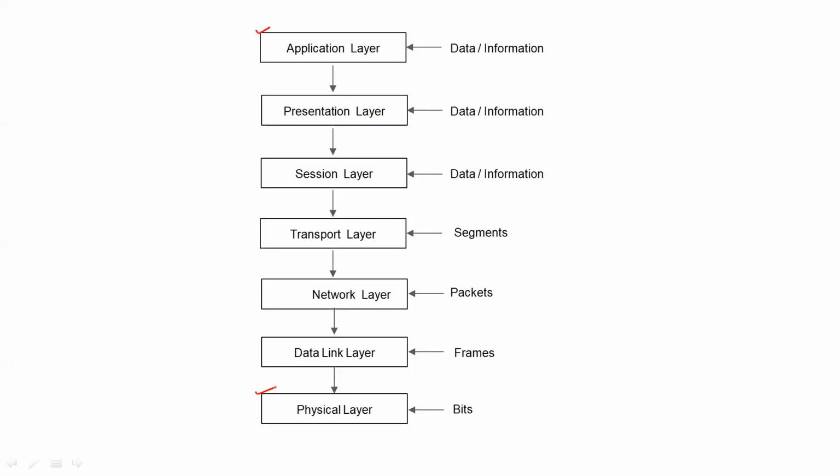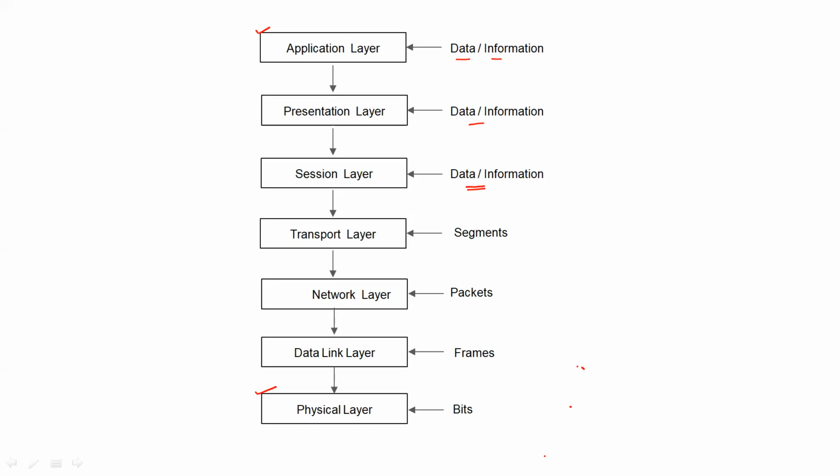At application layer, information is called data or information, and at the presentation layer also it's called data or information, as well as at session layer. But once this information passes the session layer, we are going to make it smaller.